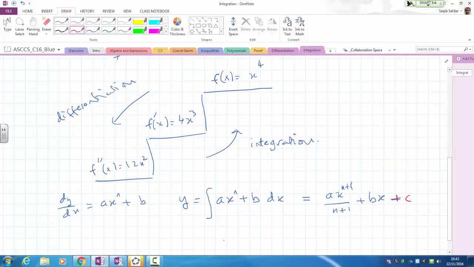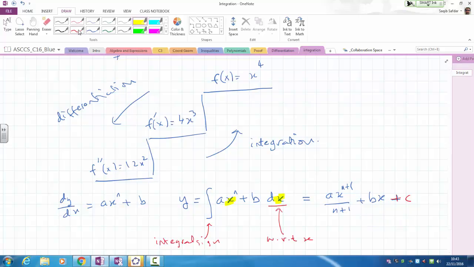So let me just add a couple of notes. There's my integral sign, that means I'm integrating. Dx means with respect to x, because that's my variable. Later on, as you'll see, you might have other variables like t or v, for example.